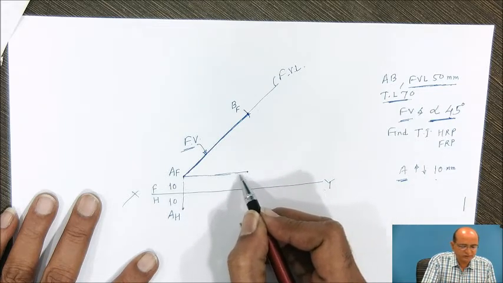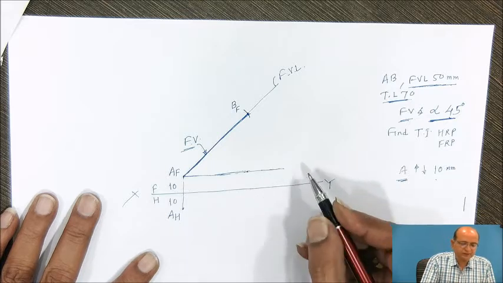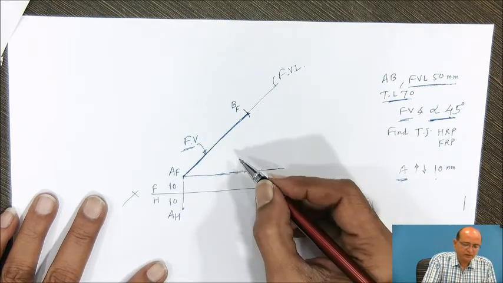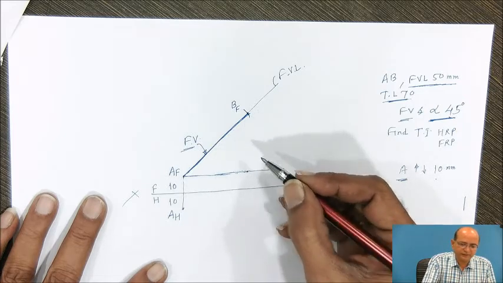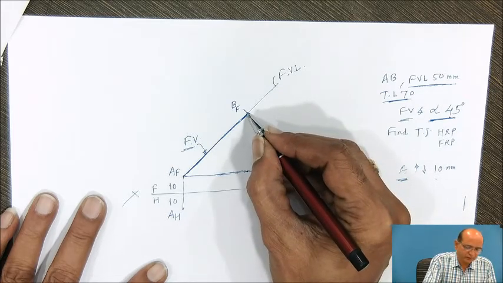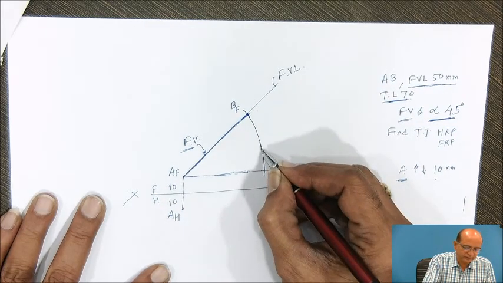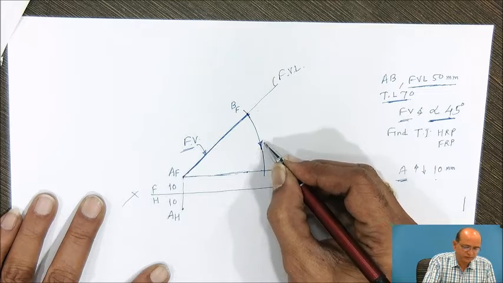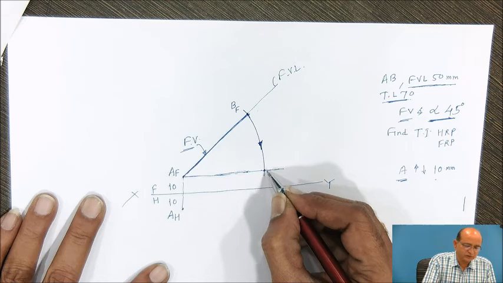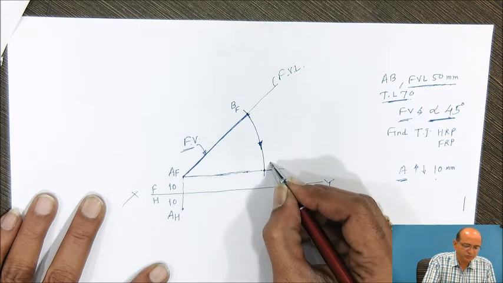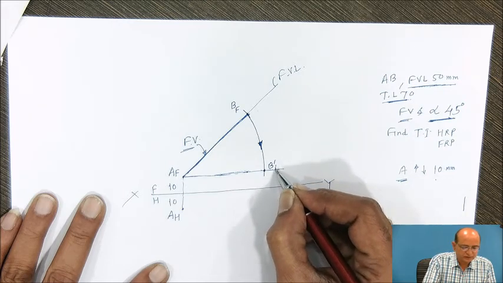After rotation, if we draw the line parallel, it will show the true length in the adjacent view. For that, we rotate this front view, and on the projection of this rotation, we get the position of B dash F point.